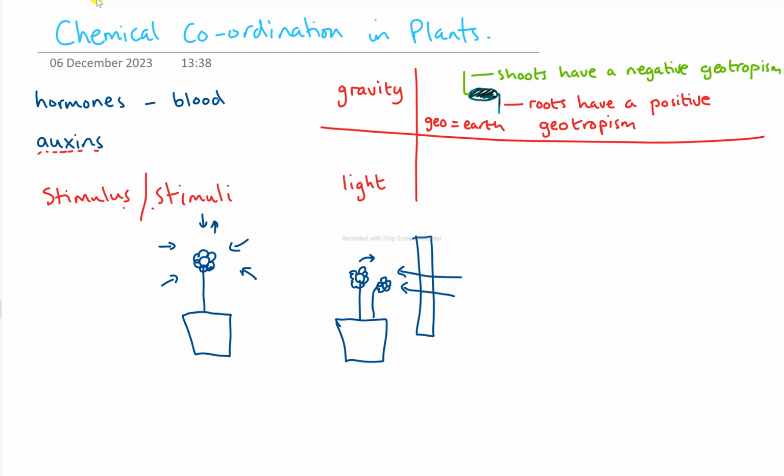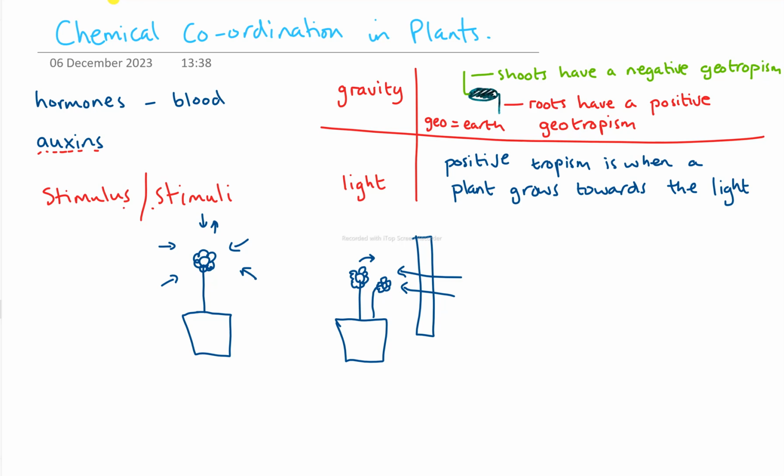So we can say if something's growing towards the light, it has positive tropism. Positive tropism is when a plant grows towards the light. Okay, so that's what you've got.